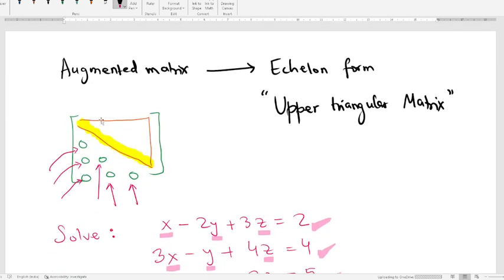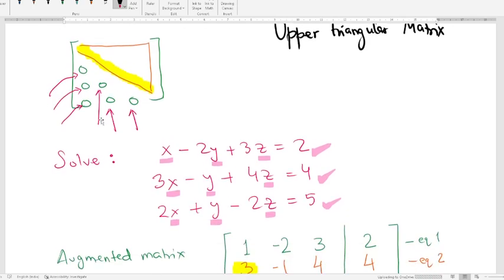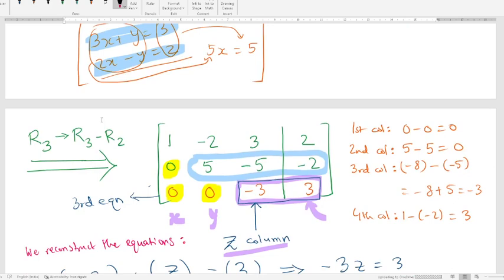In the Gauss elimination method, we try to convert our augmented matrix into the echelon form, but what we really want is an upper triangular matrix. An upper triangular matrix is a matrix in which every element below the diagonal is zero. Everything has to be zero. So we took an example and we changed that into an upper triangular matrix.